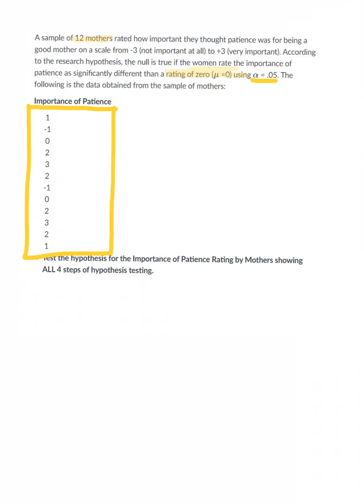I am just noticing a little error in here, as this should say not. That's just the error, so hopefully I can get in there and fix that before everyone completes it. So it should say patience is not significantly different than a rating of 0. So this is suggesting a two-tail test.